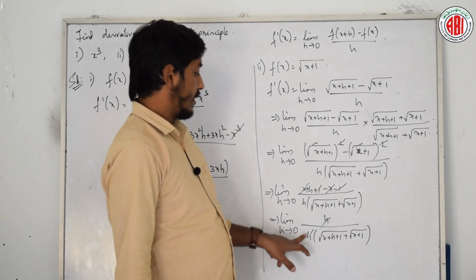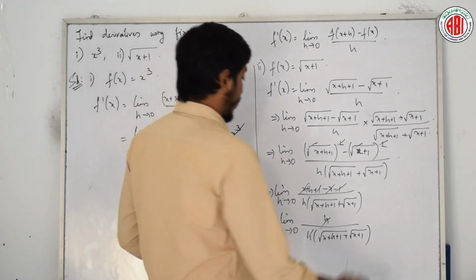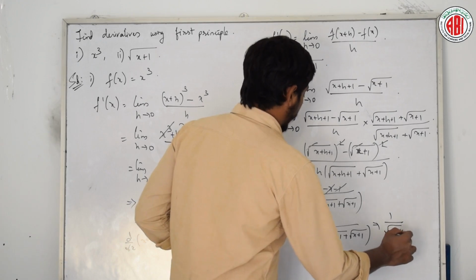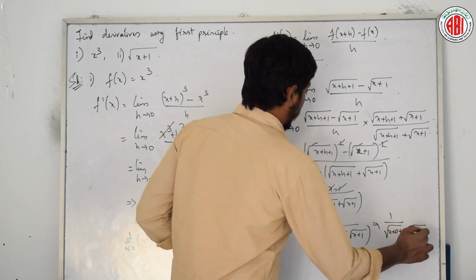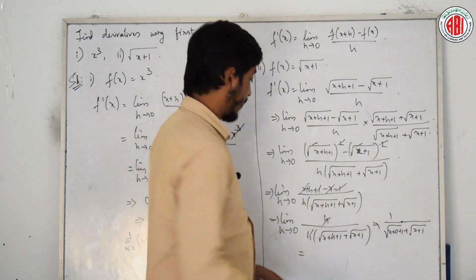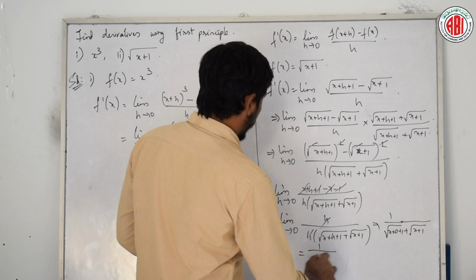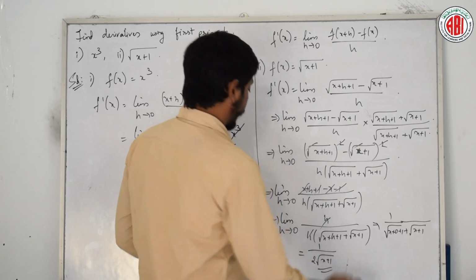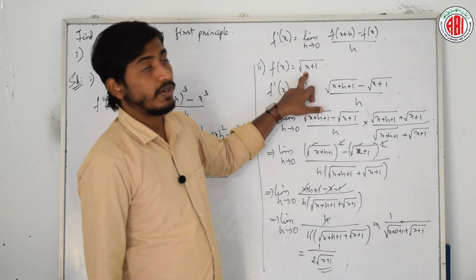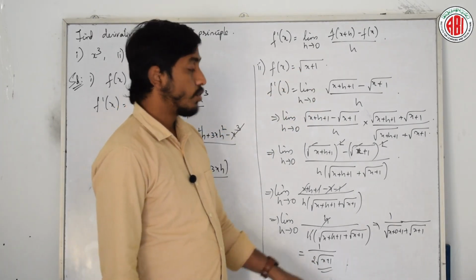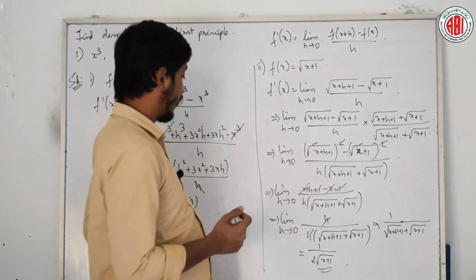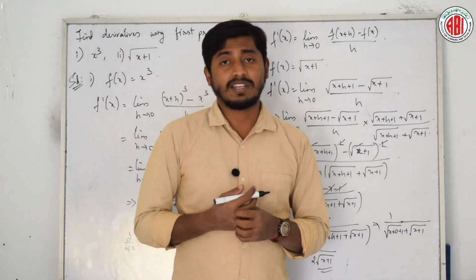Let us substitute 0 instead of h. That will become 1 by root of x plus 0 plus 1 plus under root x plus 1. Therefore, here x plus 1, here also x plus 1. That is nothing but 1 by 2 root x plus 1. Isn't it easy? That is, differentiation of root x plus 1 is 1 by 2 root x plus 1. Is that right? Did you understand these two formulae? Fine. Shall we move on to the next problem?